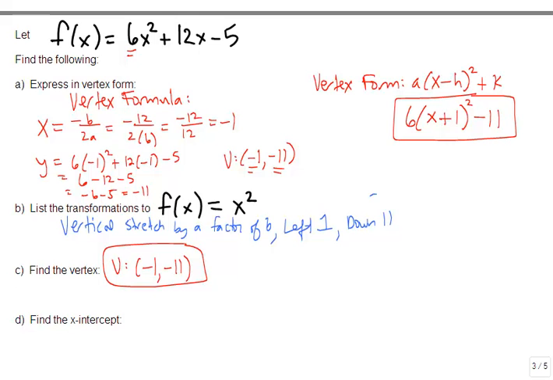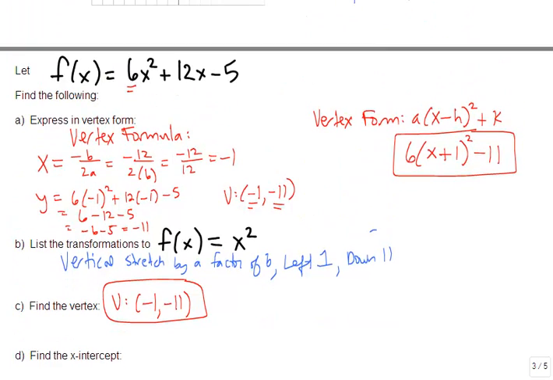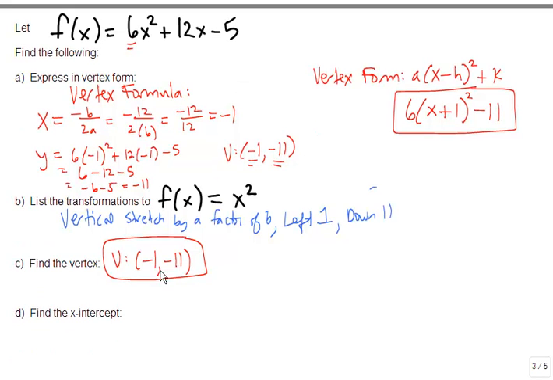Let's find our x-intercepts. And again, your option would be to set this to 0, try to factor it, or try quadratic formula. Or, since we already did all the work here, we can just set our vertex form equal to 0. And usually that's a little quicker to solve. So to solve this, I'm going to add that 11 to the other side.